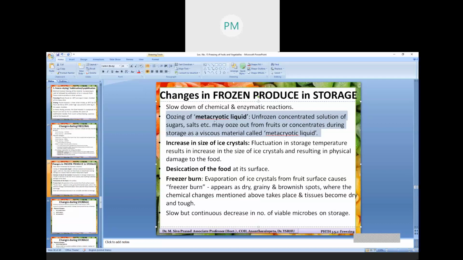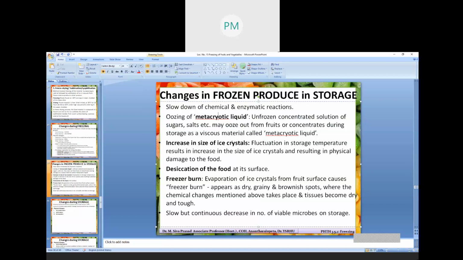So when the frozen product is stored, there may be oozing of metacryotic liquid, because of the difference in freezing points during storage, and then an increase in the size of the ice crystals.